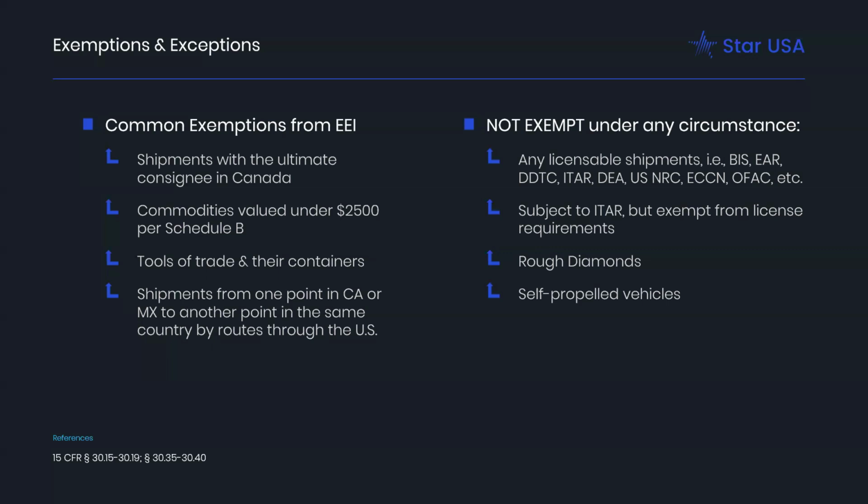If it is subject to the ITAR, the International Traffic in Arms Regulations, but it's exempt from a license requirement, so you have a license exception, then you still must file the EEI, even though a license is not required. And if you are exporting rough diamonds or self-propelled vehicles, those all constitute required types of products where an EEI must be filed.